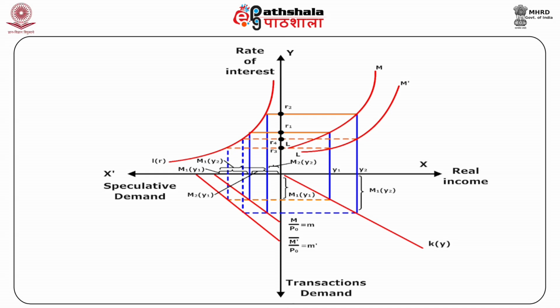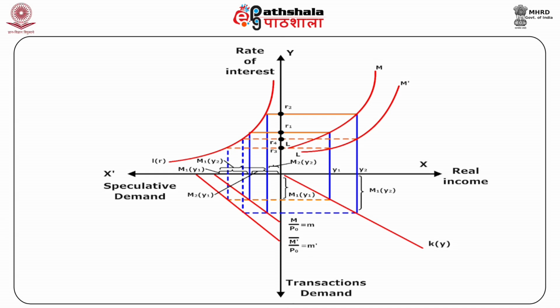It is upward sloping. So, in this manner we have derived the real LM function. Here we are dealing with real demand for cash balances, real supply of cash balances, real national income, and real rate of interest.